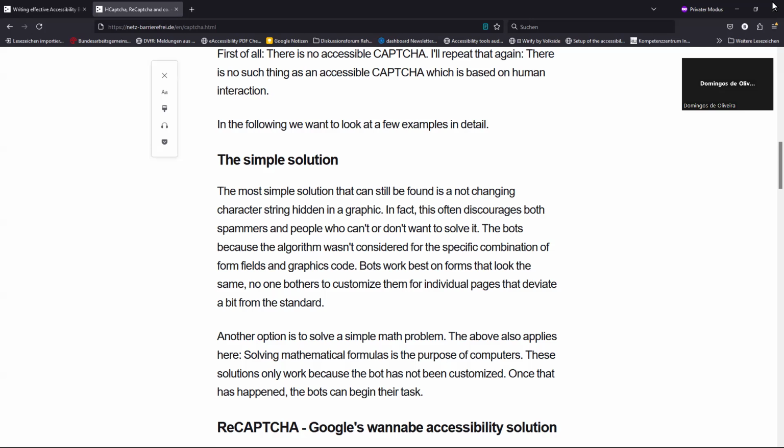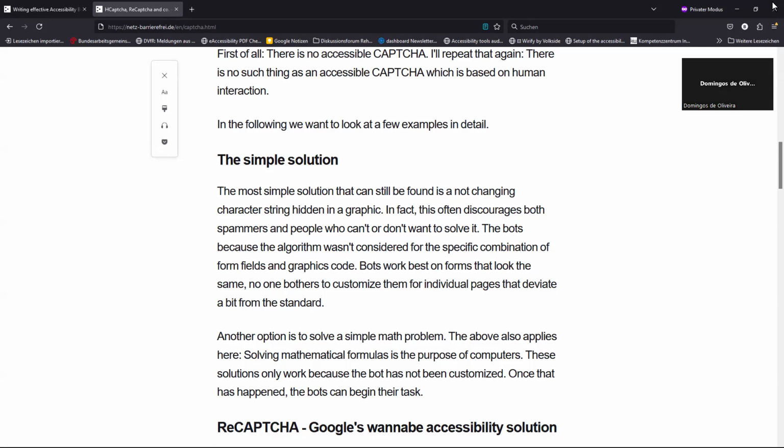For example, select all stop signs or select all red cars. And that is impossible for blind persons, and difficult or impossible for sighted persons with visual impairments, and also for people with intellectual disabilities, because they perhaps don't understand what they should do and why they should do it.